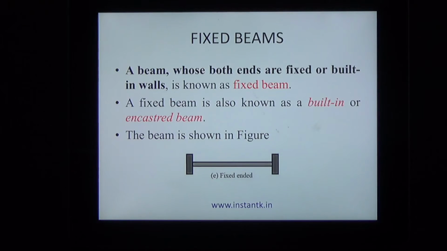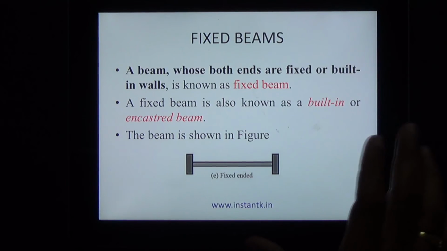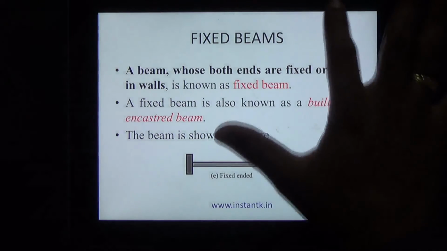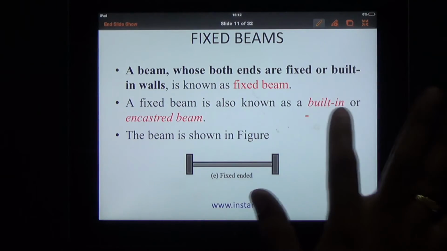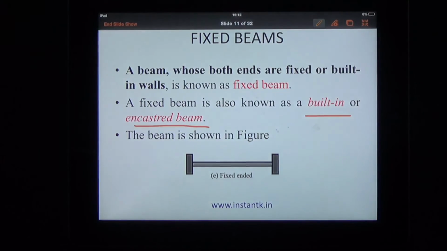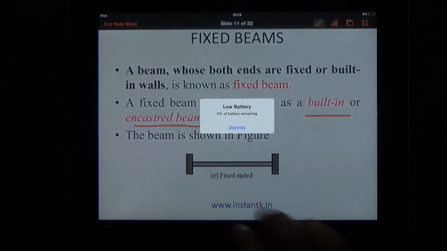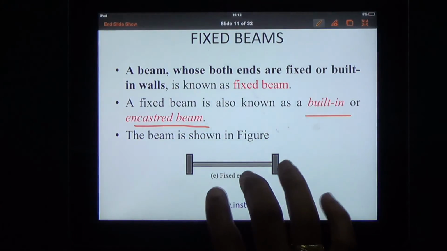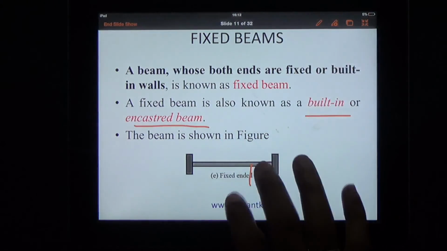Next, the last beam is the fixed beam, or built-in or encastre beam. We call a fixed beam by another name, built-in beam. So what is a fixed beam?